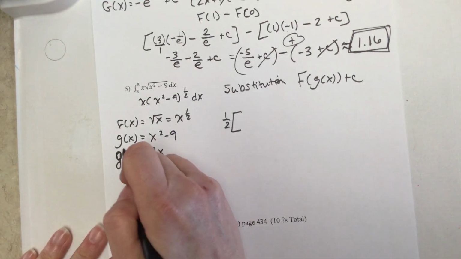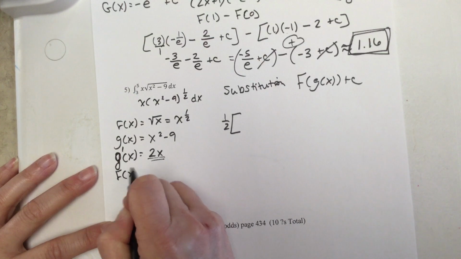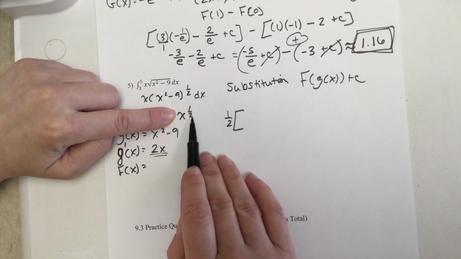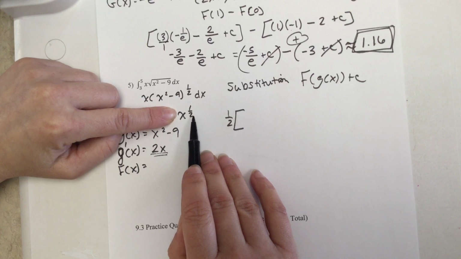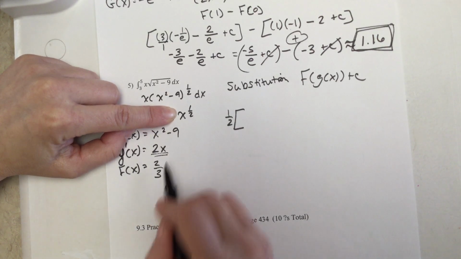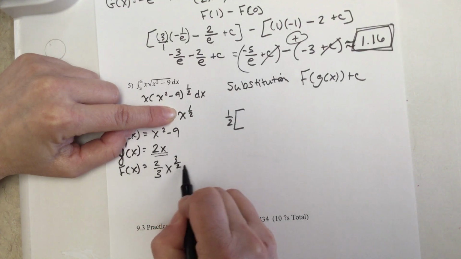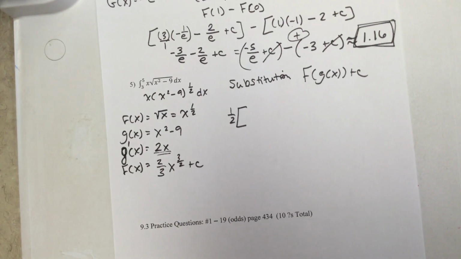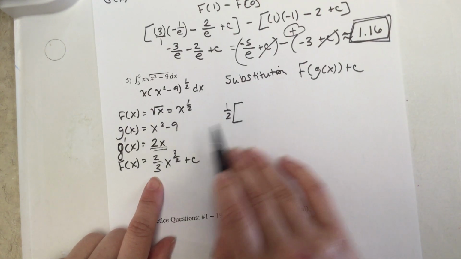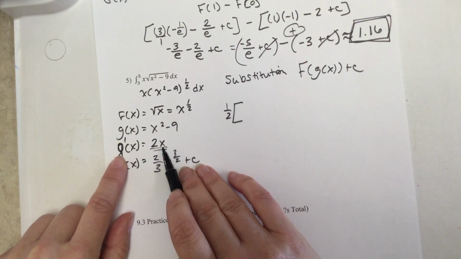Okay, so I'm going to go ahead and find the antiderivative of f of x. If I take my 1/2 and add 1, that would be 3/2. Divide by 3/2 is the same as multiplying by the reciprocal, so it'd be 2/3 x to the 3/2 plus c. So here is my formula. I have the 1/2 up front because I had to match my derivative of g of x.